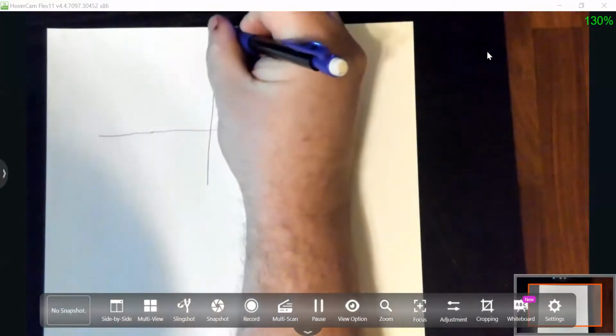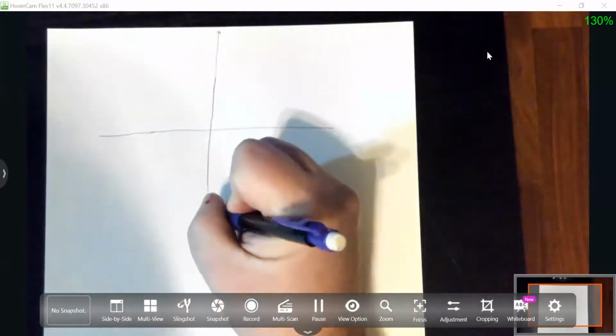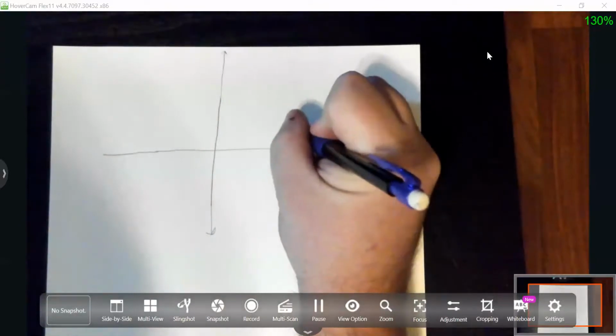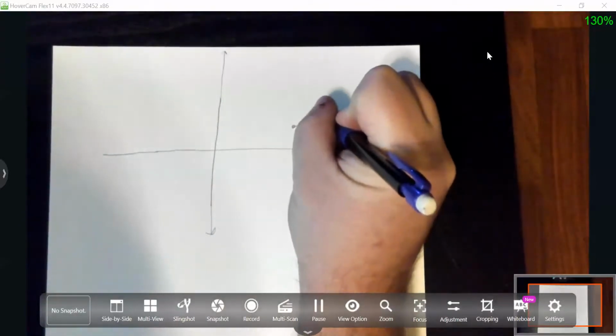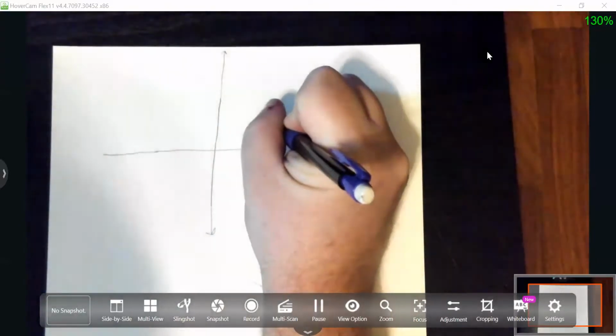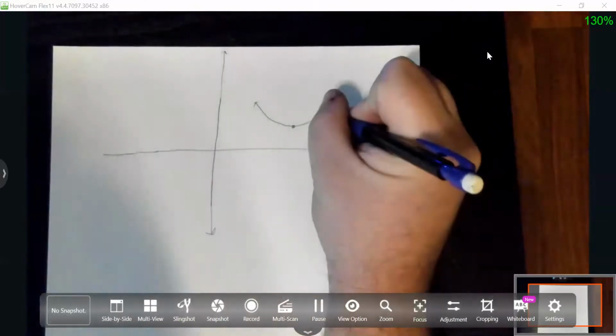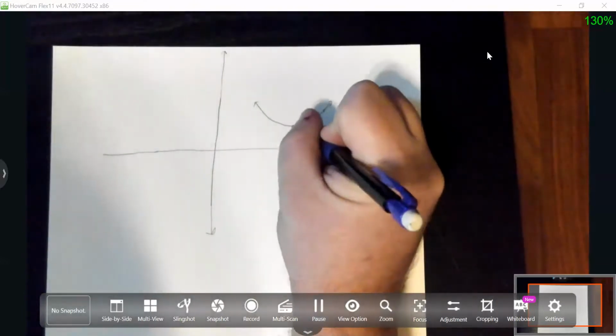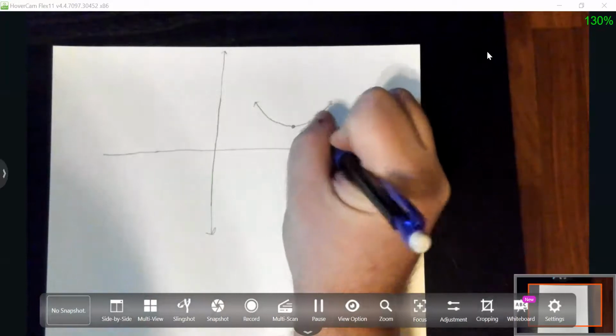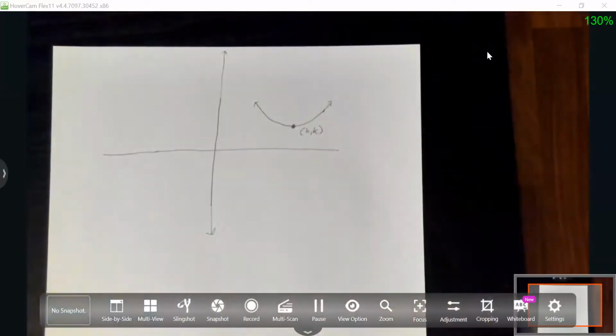If I have a parabola that's moved anywhere, let's draw this nice and big so we can see it. And I have that parabola, let's say it's nice and wide, so we can get a better visual image of some vertex, h, k, that we don't know.